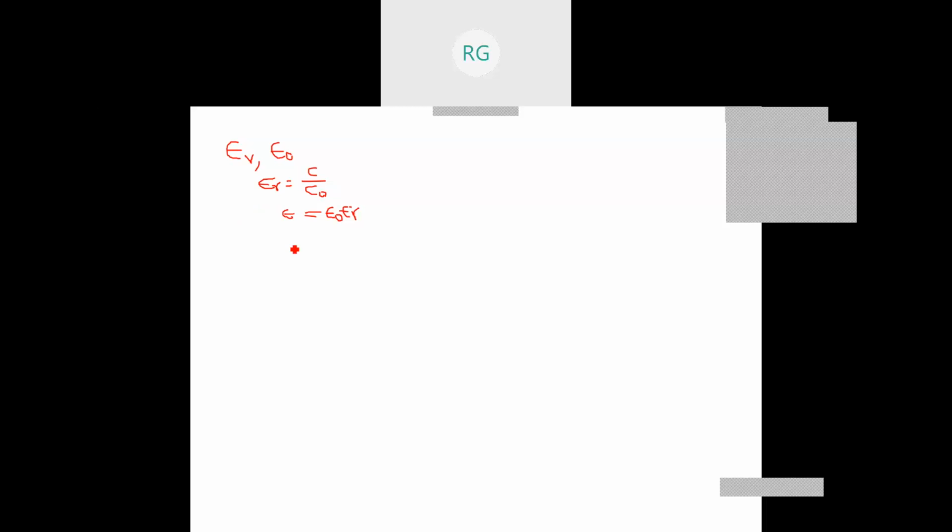And the value of epsilon naught, the free space permittivity, is 8.85 into 10 to the power minus 12 Farad per meter. So this is the value of free space permittivity.